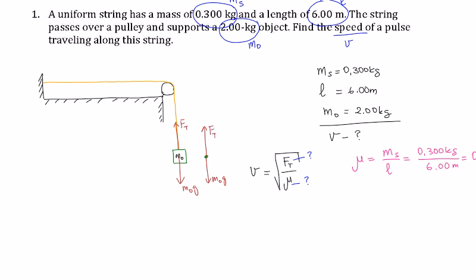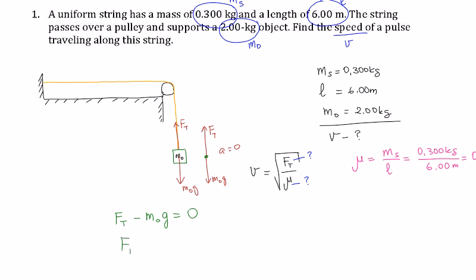Since it is just supported, it's not moving, so acceleration should equal 0. Now I'm going to write the equilibrium condition where force of tension minus m object times g should equal 0.